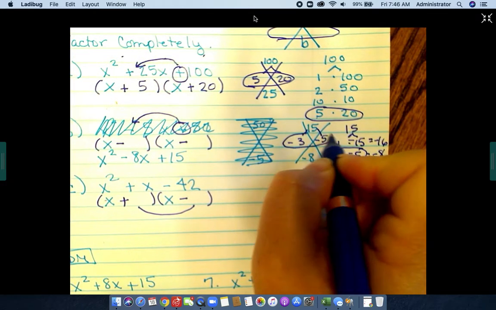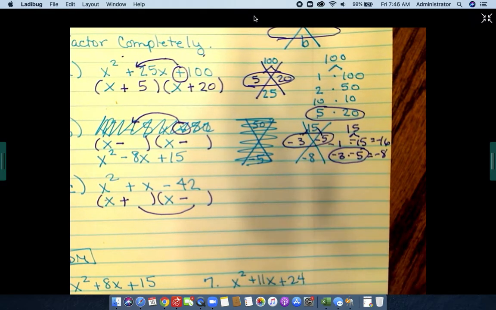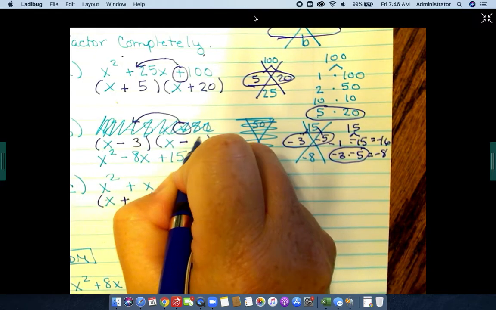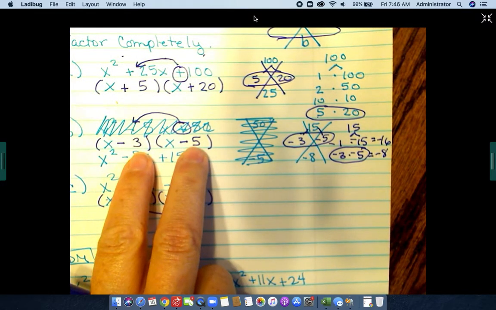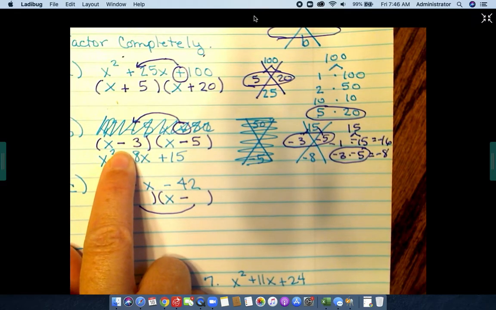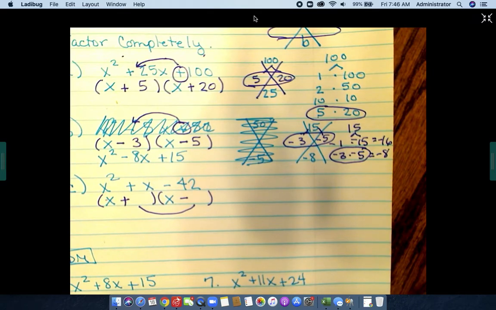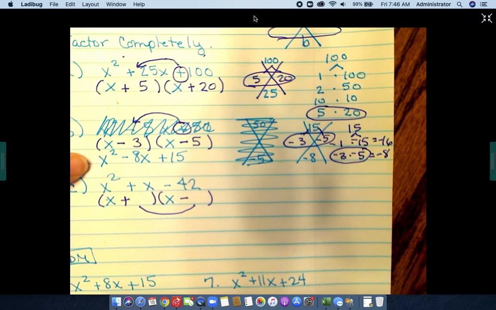But when we combine two negatives, we really just add them and keep the negative sign. And again, the order of this would not matter. We could write the quantity x minus 5 here and the x minus 3 over here, and it would be perfectly fine. So again, we can go to y1, type in our problem, y2, type in our answer, check our table, and it should match.